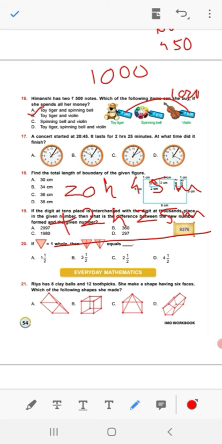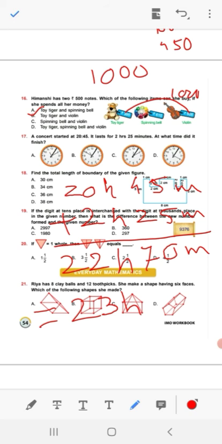Let us add 5 plus 5, 10, 4 plus 2, 6, plus 1, 7, 70 minutes. Here is our 22 hours. So 22 hours 70 minutes, but 60 minutes means 1 hour. Taking 60 from these 70 minutes, we get 1 hour. That 1 hour is added to 22. So we get 23 hours and remaining 10 minutes.